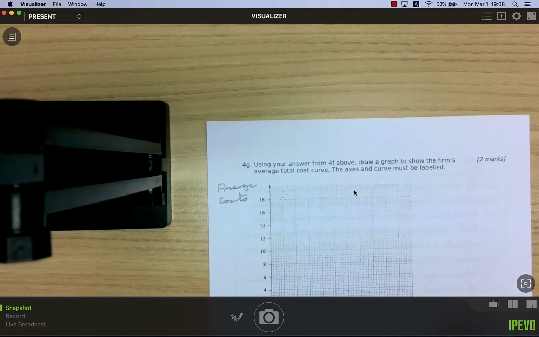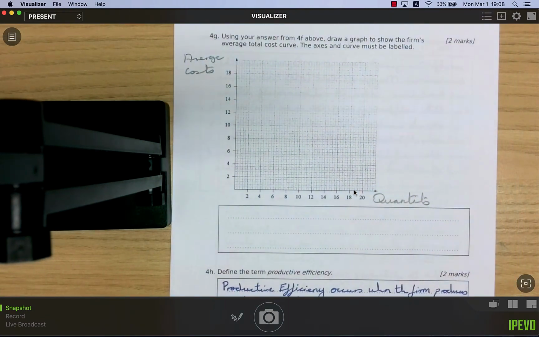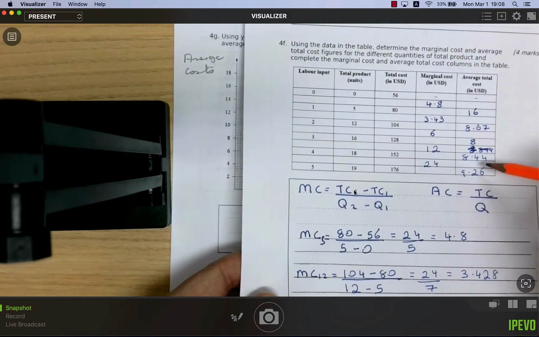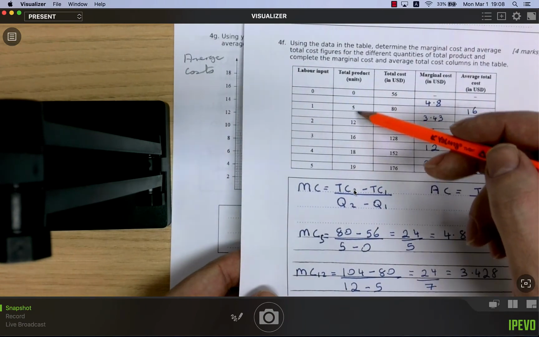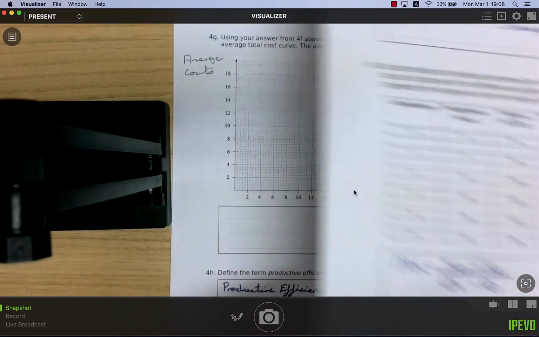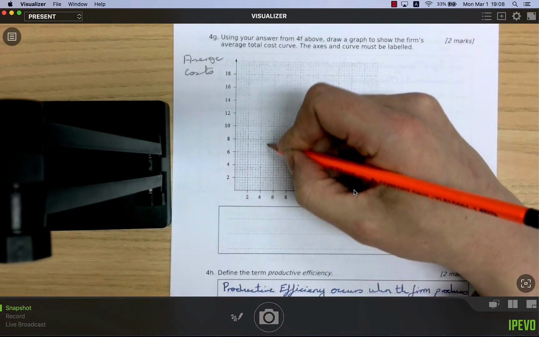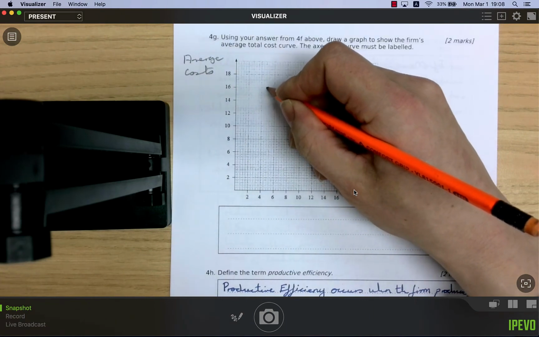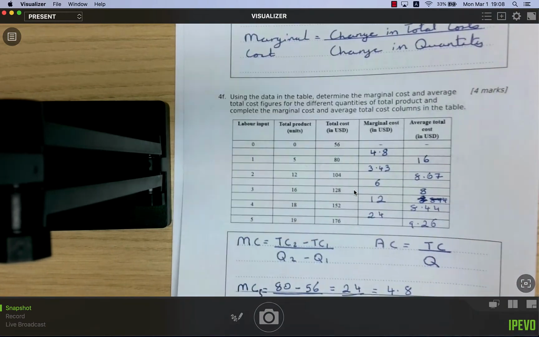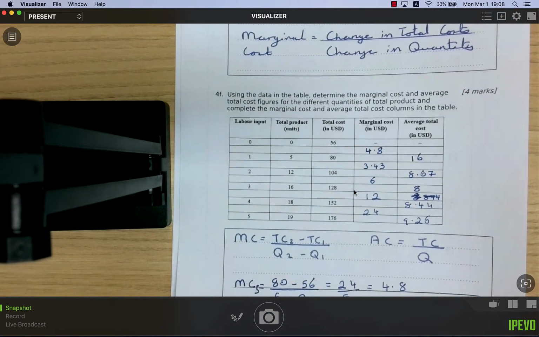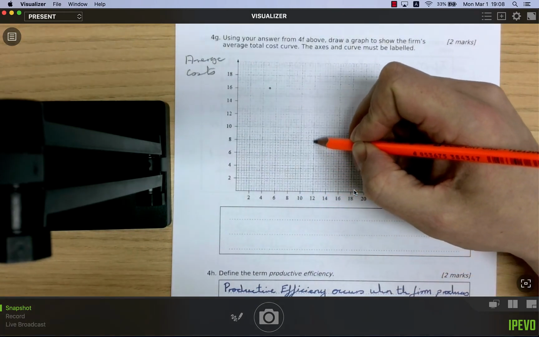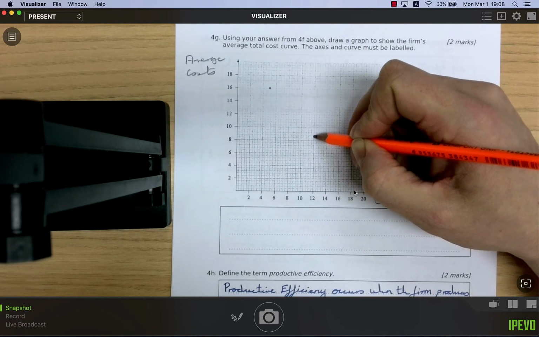I just realized you couldn't see what I was doing. So I am taking the figures from this table and using these quantities. At 5 on the horizontal axis, I'm going to put 16. We'll eyeball it, something like that. Then at 12, I'm going to put 8.67. You'll see how ridiculous this gets, I'm kind of guessing something like this here.